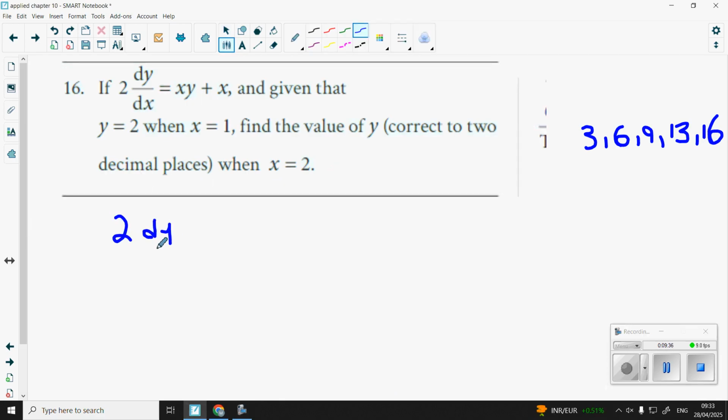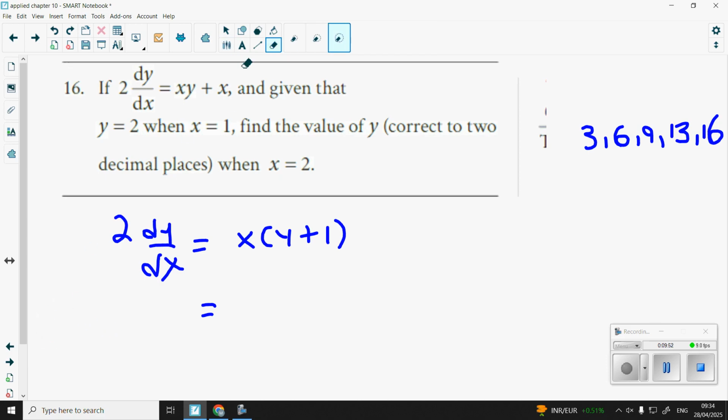Okay. 2 dy dx ends up to be, I'm going to factorize out x into y plus 1. Then I'm going to get 2 times, actually I'm going to bring the 2 over, it'll just be fair to do that.